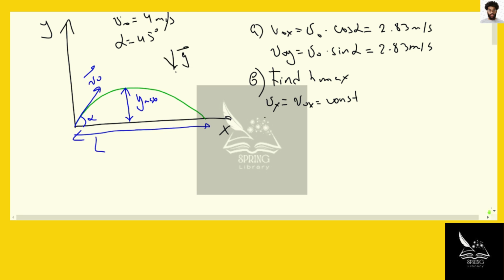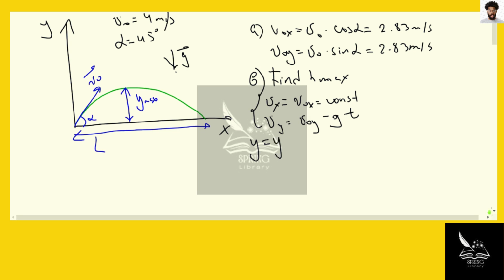Therefore, the vertical component of the velocity equals the initial vertical component of the velocity negative g multiplied by time. And the y coordinate is described by the following equation.